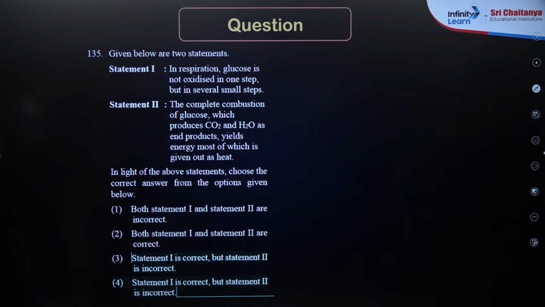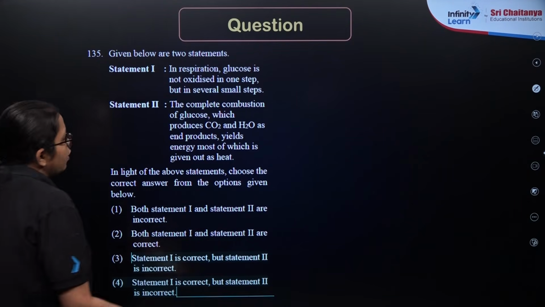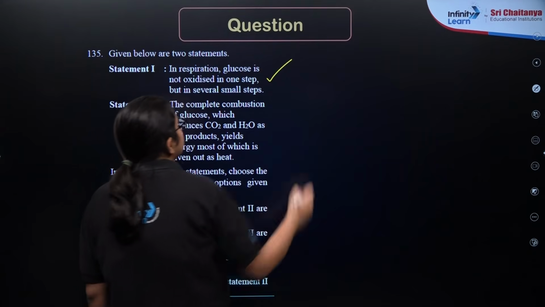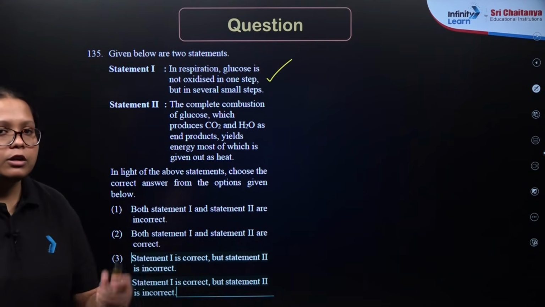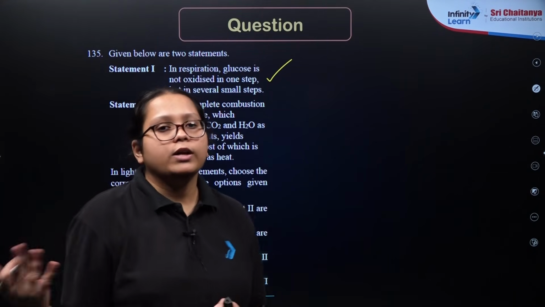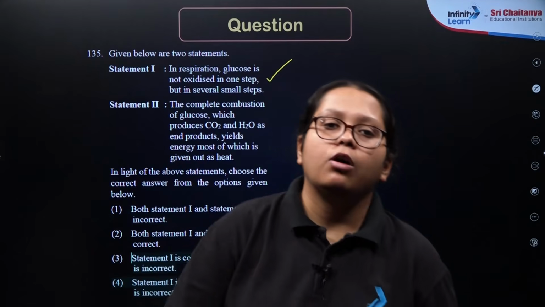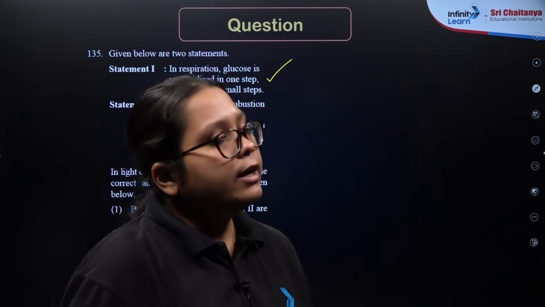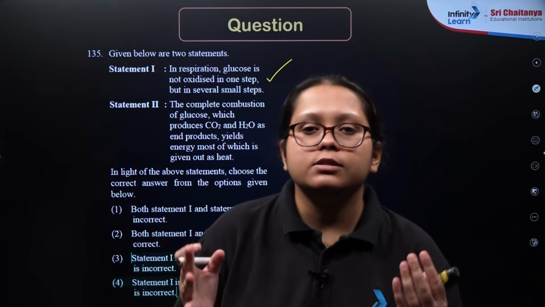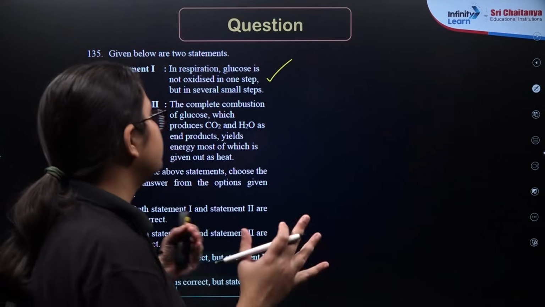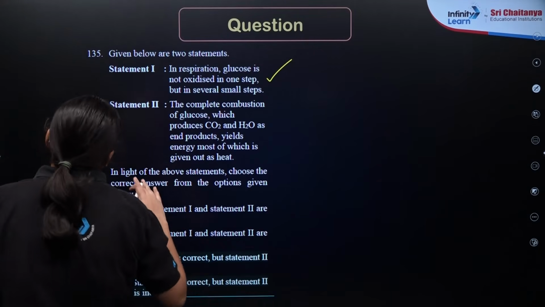Next, statement based again. In respiration, glucose is not oxidized in one step but in several small steps. Yes, glucose is carrying a very large amount of energy. It is not broken in one single step. It takes a lot of small steps to break it so that energy released from glucose is utilized efficiently. So the first statement is correct.